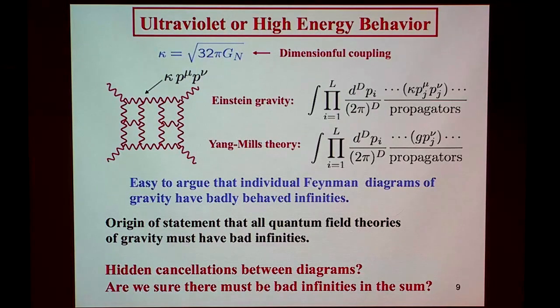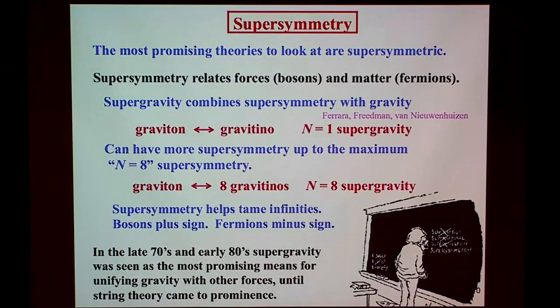Now, we're going to look at a type of theory called supergravity, and that involves this idea of supersymmetry. It's actually kind of a cool word, super. It's actually a technical word when you use the word super. It means a symmetry between forces and matter, between bosons and fermions. So what supergravity is, it takes this idea of supersymmetry and it combines it with gravity.